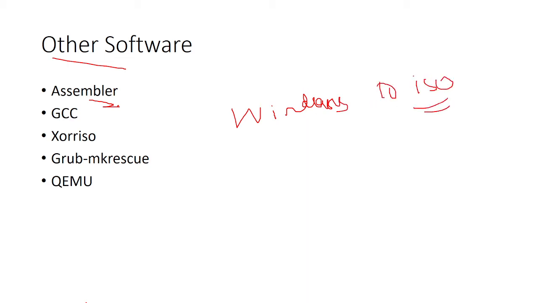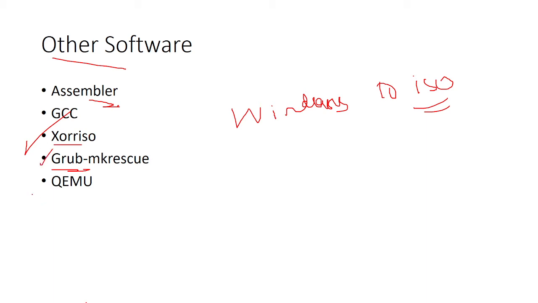How do we create an ISO file of your operating system? That ISO file can be created using XORISO. And what is GRUB? You can create the ISO file using XORISO, but how do we create the file system that can be put inside the ISO? That type of file system is created by GRUB. Linux also uses GRUB, that's why I'm mentioning it.